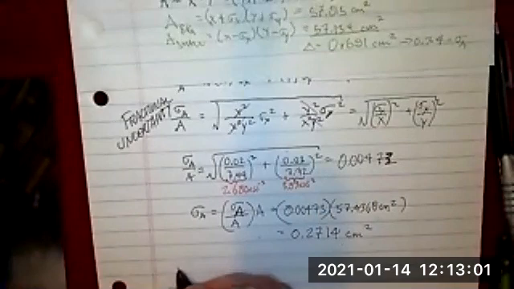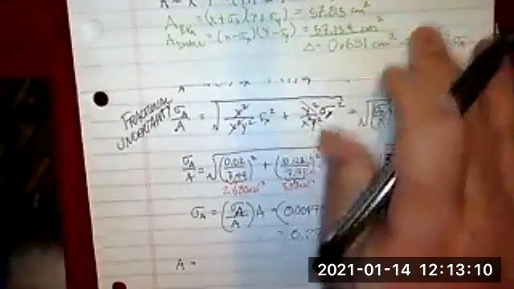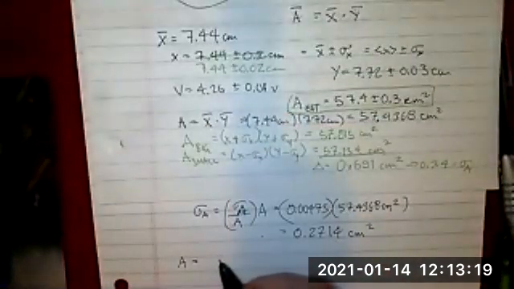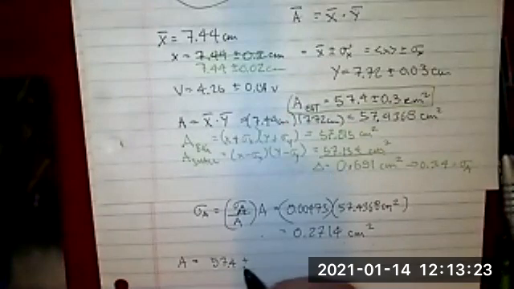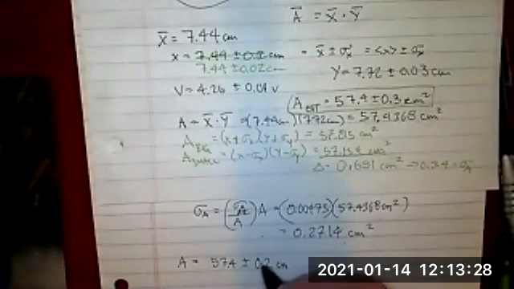So what I'm going to say is A, experimentally, my best possible result, I have to round to 1 decimal place, which we had already decided to do anyways. And that decimal place, we found out, was going to be 57.4 plus or minus 0.2, or excuse me, we should round it to 3, 0.3 centimeters squared.